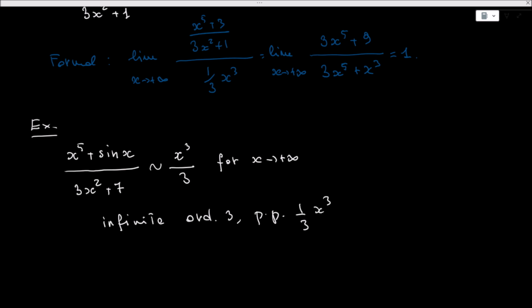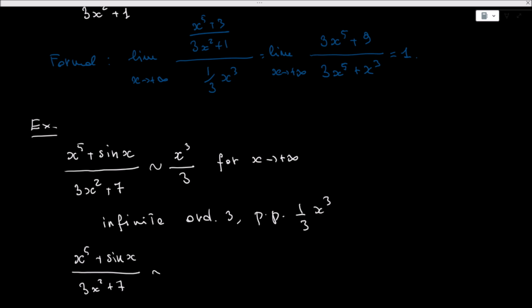However, the same function can also be considered as something that goes to 0 when x goes to 0. So it is also something that we can rewrite as (x to the fifth plus sine of x) divided by (3x squared plus 7). Remember that when x goes to 0, what really counts are the lowest powers of x.